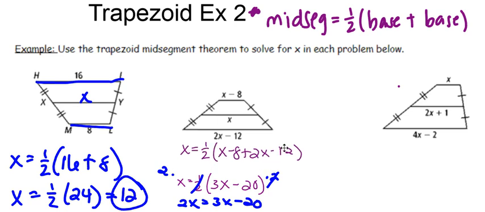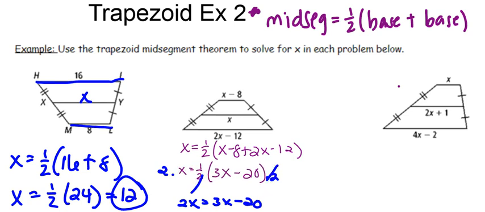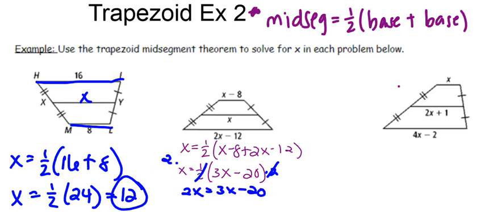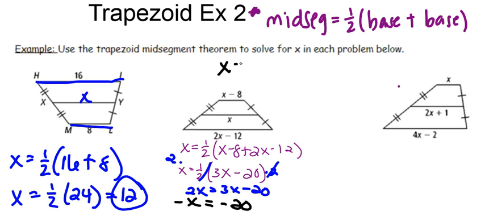I'm going to move some of this up so I have a little bit more space. Okay, and so then, if we're going to solve for x, if you subtract 3x from both sides, you get negative x equals negative 20. And so that would mean that positive x equals positive 20.